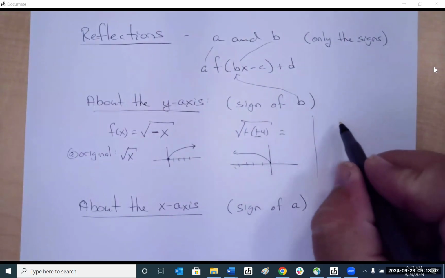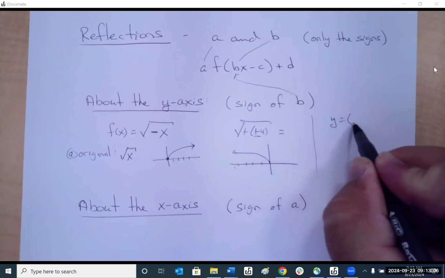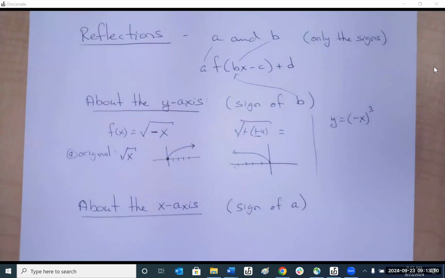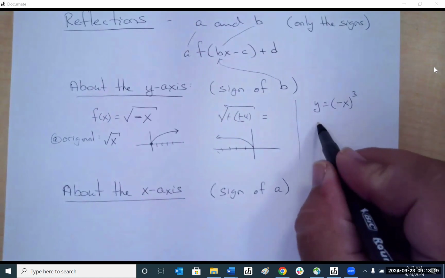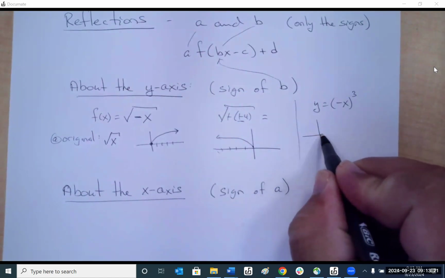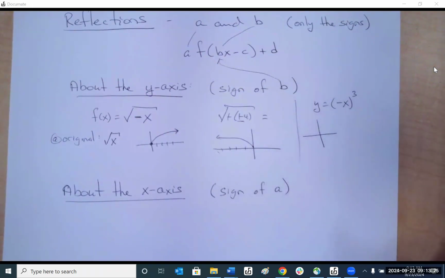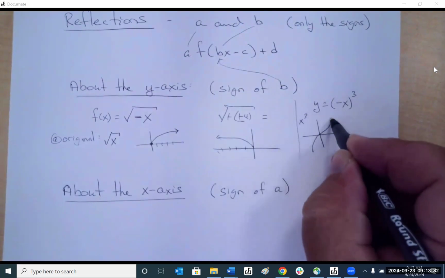It also works, let's say, with y equals negative x cubed. The original function is what? X cubed, which looks like this.